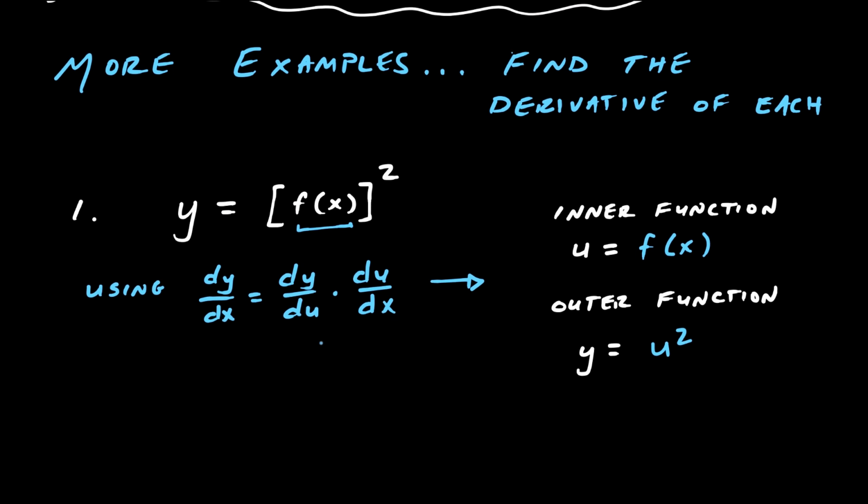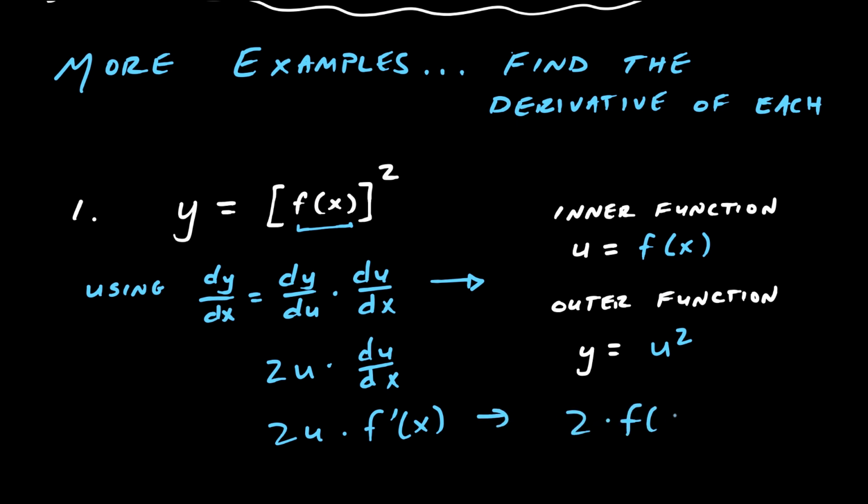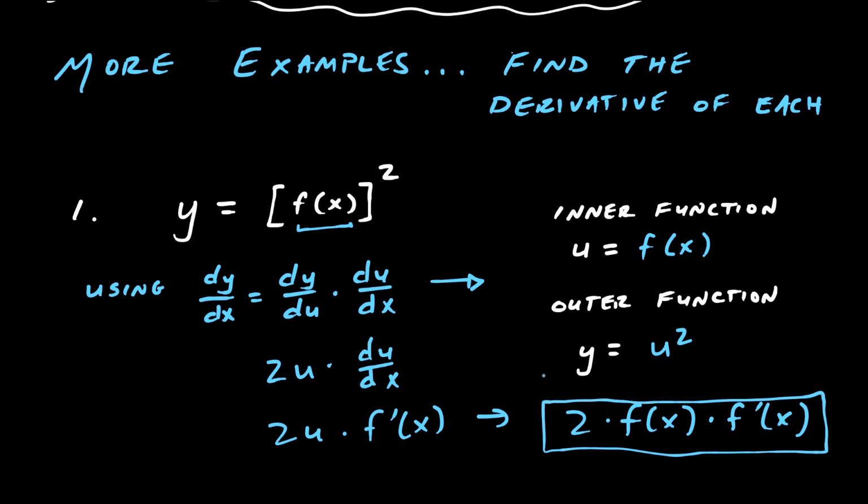So when we take those derivatives, dy du is simply 2u, and we're going to multiply that by du dx. And du dx for u equal to f of x is simply f prime of x. Now we could put this back and say that we have 2 times f of x times f prime of x. So there are different ways to present our final answer. It all depends what our goals are and what the problems are asking.